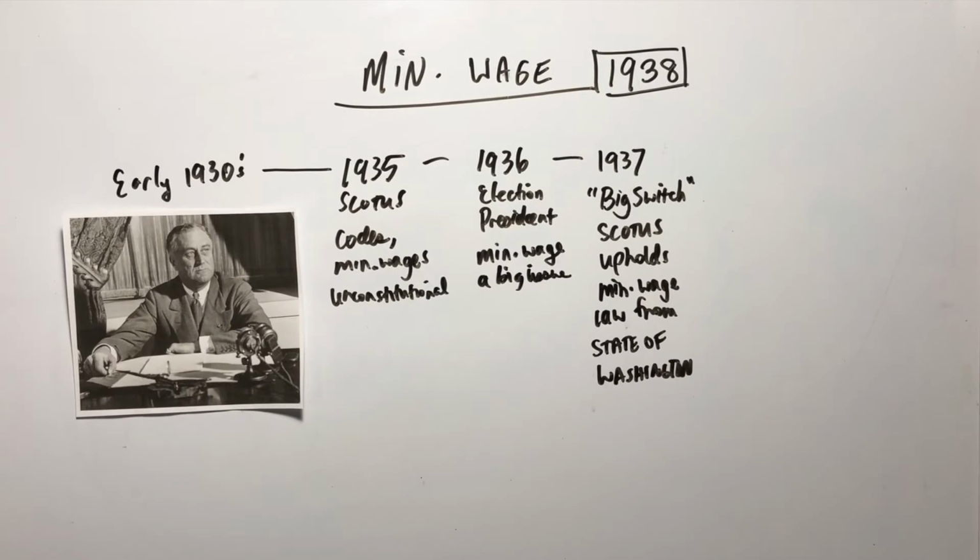It's known as the Big Switch because here in 1937, they were basically saying that minimum wage laws do not violate the Constitution, when over the past many years, they had repeatedly said that they do violate the U.S. Constitution.